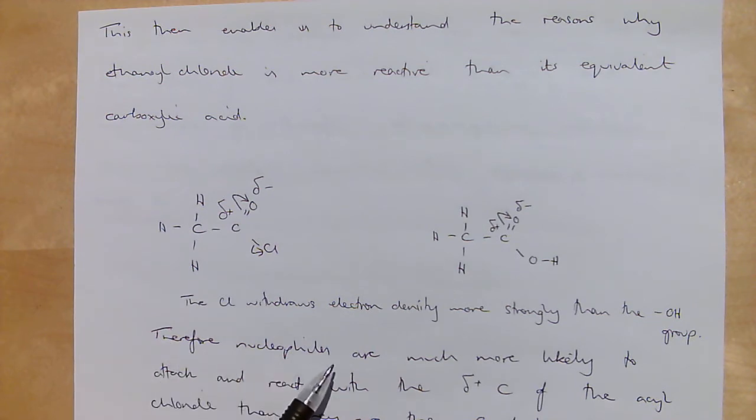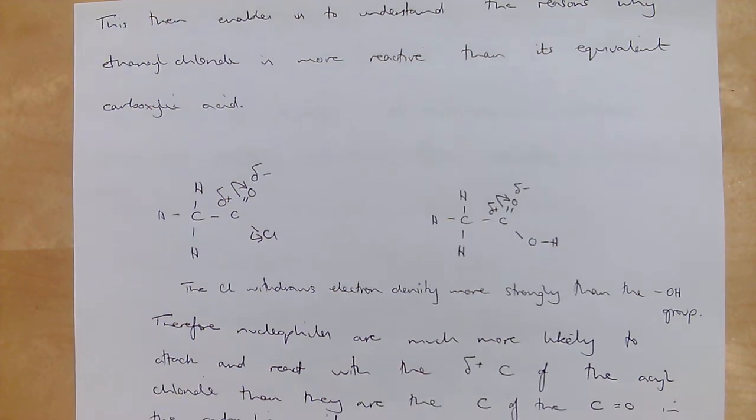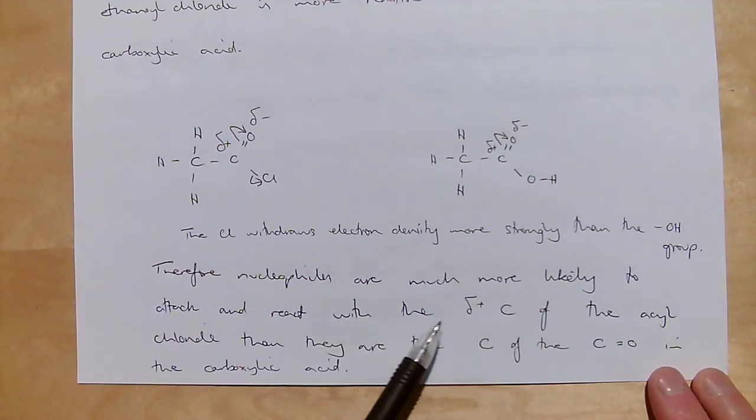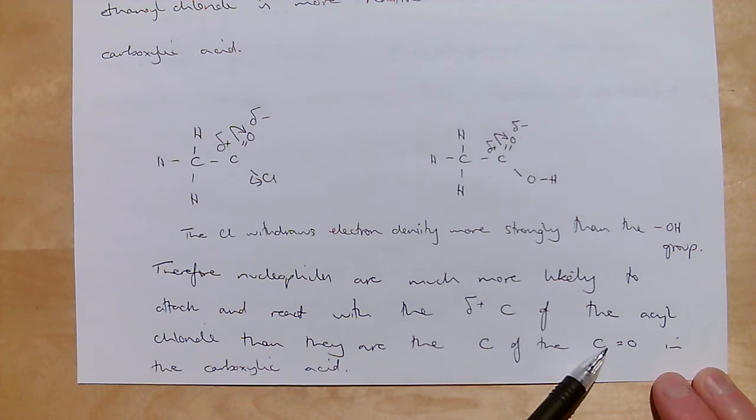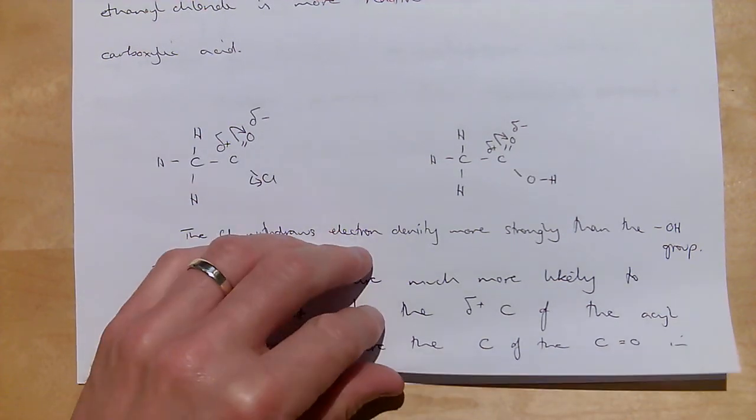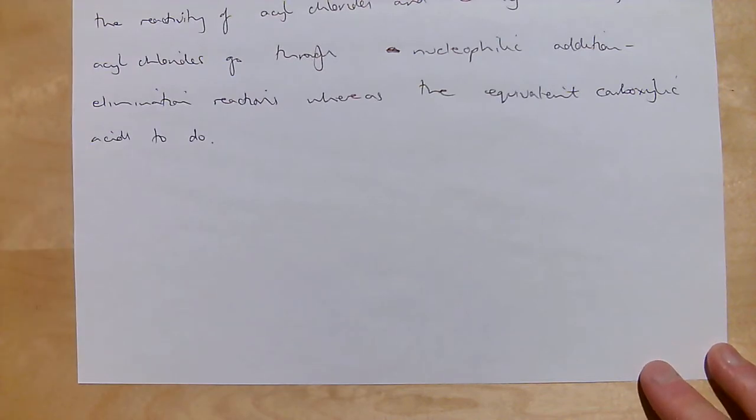So therefore nucleophiles, species that like positive charge, are much more likely to attack and react with the delta positive carbon of the acyl chloride than they are with the carbon of the carbonyl group, the C=O group, in the equivalent carboxylic acid.